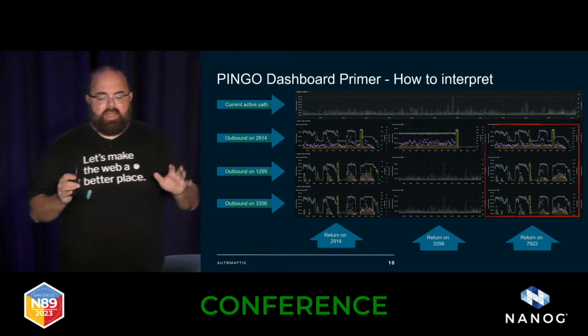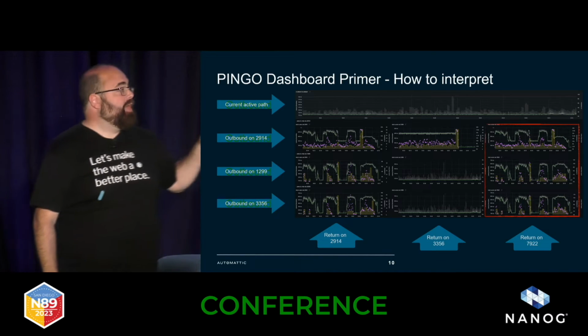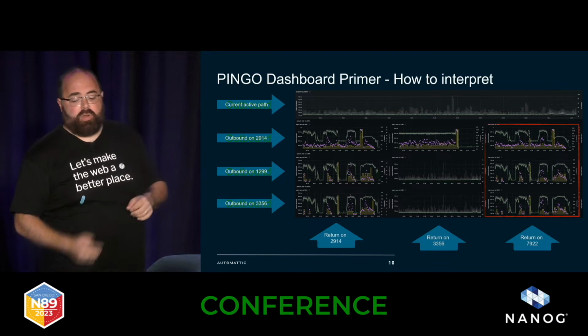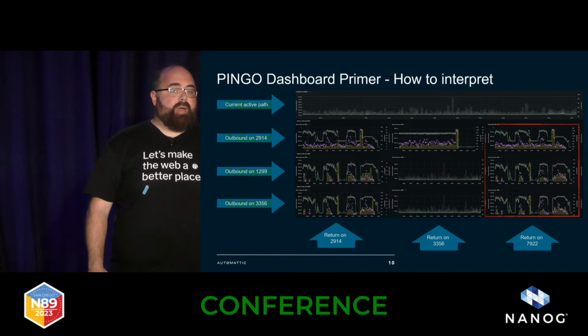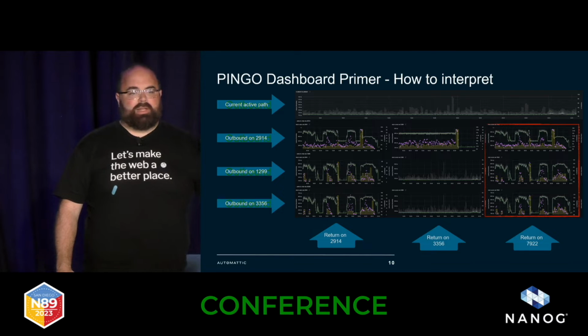Now, it's probably important to note here that we are only showing the worst case scenario path, because that's what we want to see as we're troubleshooting things. There may be, and we'll see them, ECMP paths on these carriers that are just fine. But we're really interested when they're not.